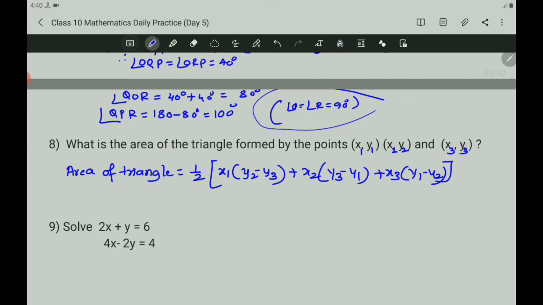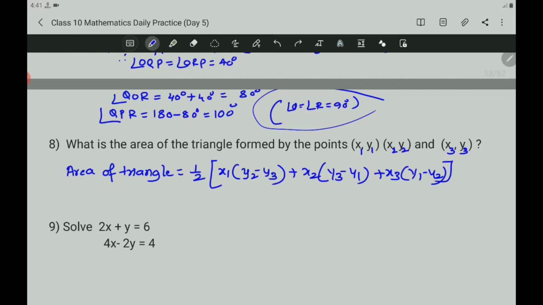So this is the area of the triangle formed by the points (x1, y1), (x2, y2), (x3, y3).